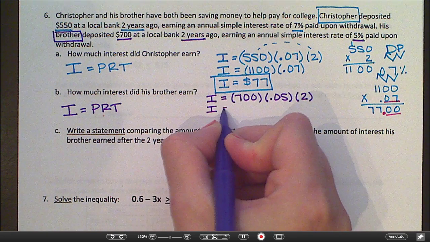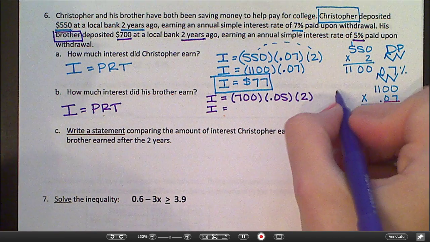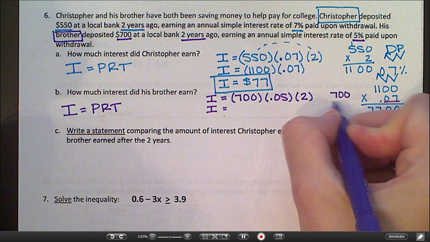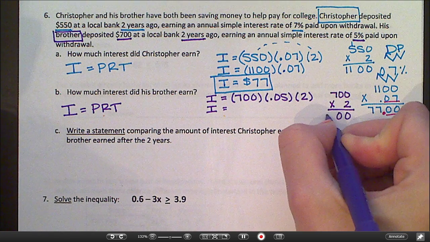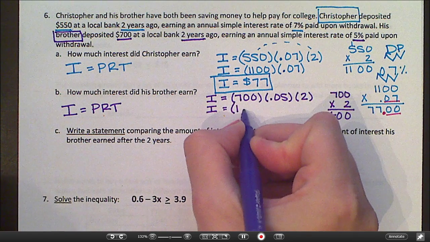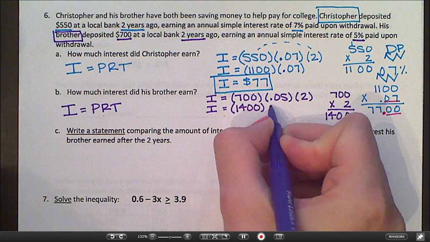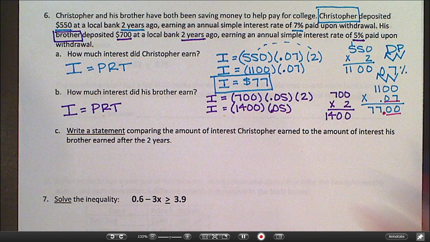Again, I'm going to do everything that doesn't have a decimal in it first. So 700 times 2, please multiply that on your paper. I get 1,400 times my rate, which is 0.05.